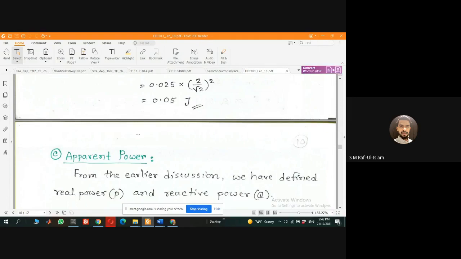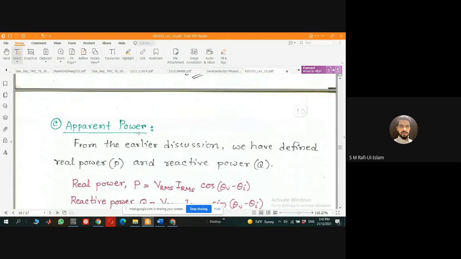Basically, reactive powers are important for transmission, for transformers, or even motors. Later on we will see why these are so important.